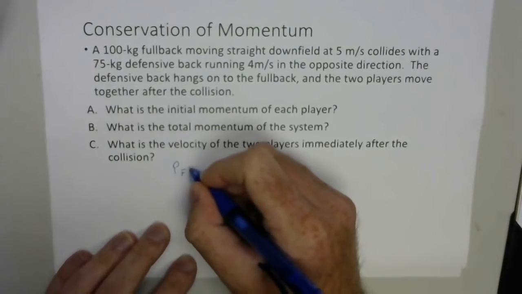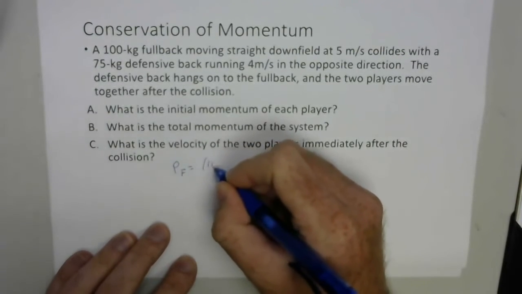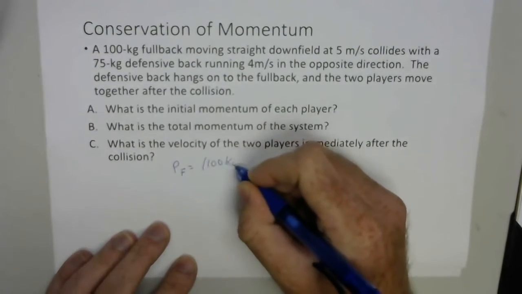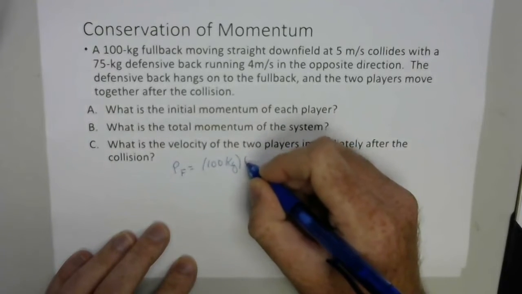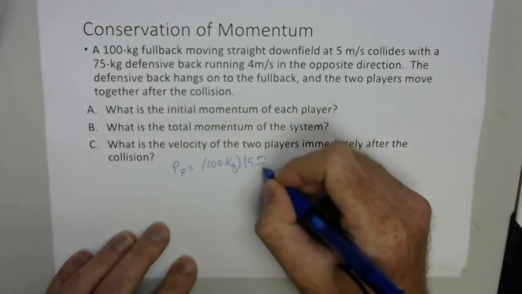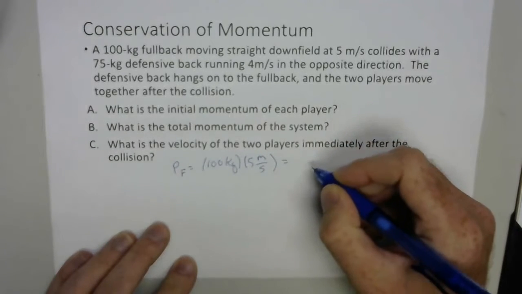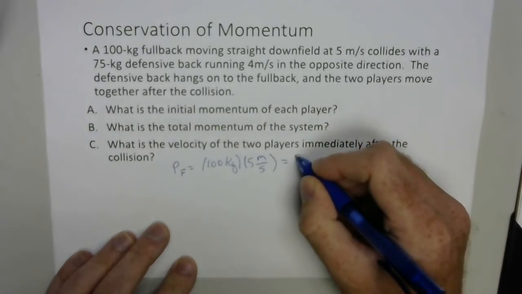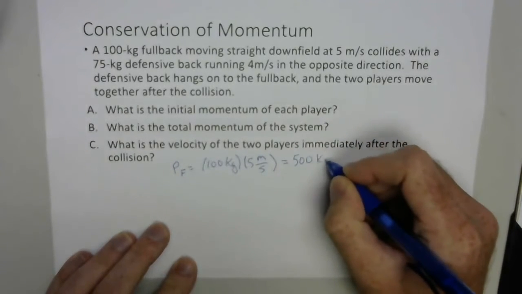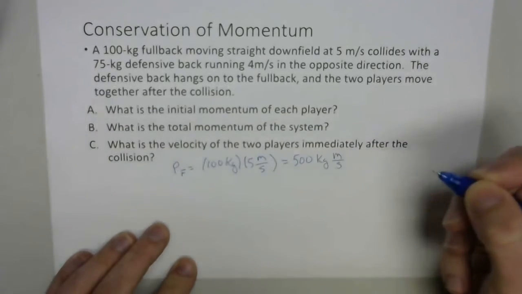So the momentum of the fullback will be the 100 kilograms times the 5 meters per second, because it's mass times velocity. And so you get 500 kilogram meter per second.